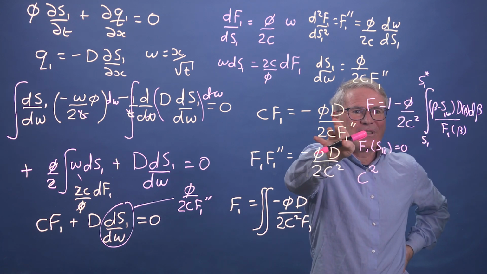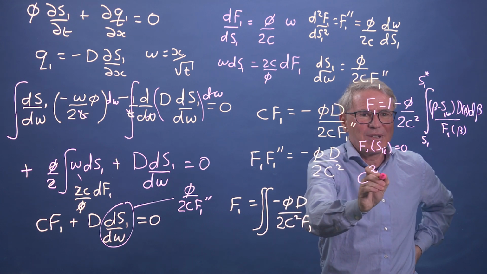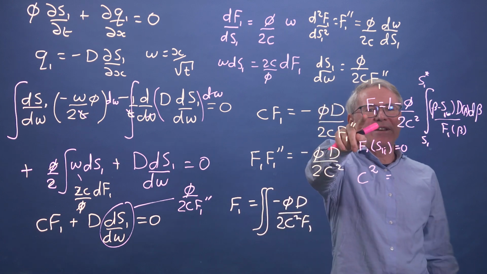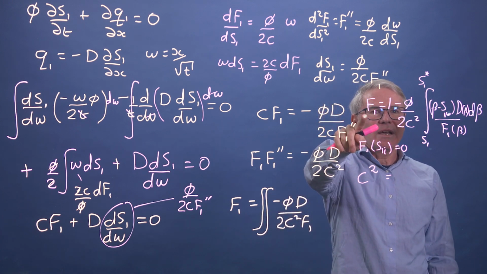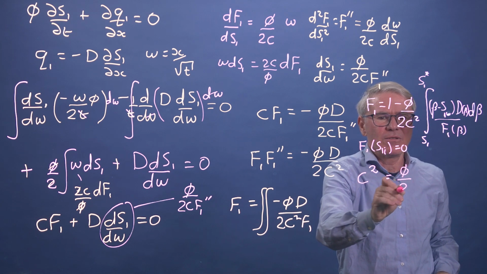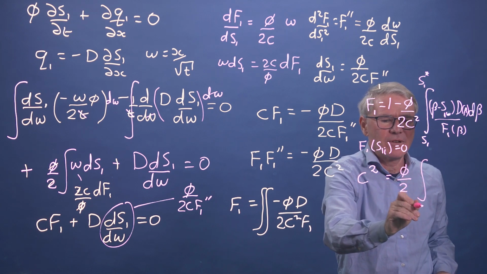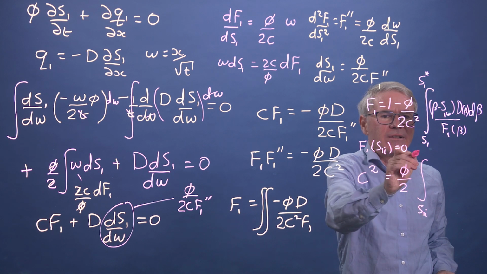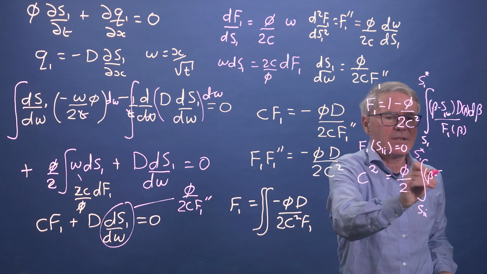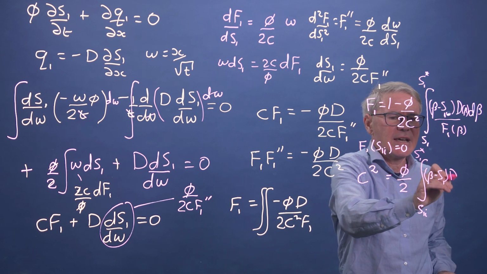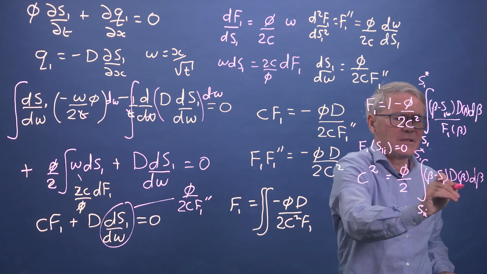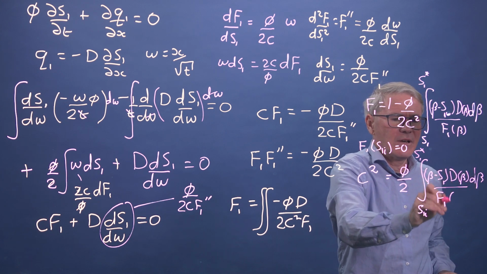We go over this side of the equation, and so if I put 0 here, then I get C squared is phi over 2 times basically this integral now just to S1i. So it's S1 star, this is beta minus S1, D as a function of beta, d beta over F1 of beta.